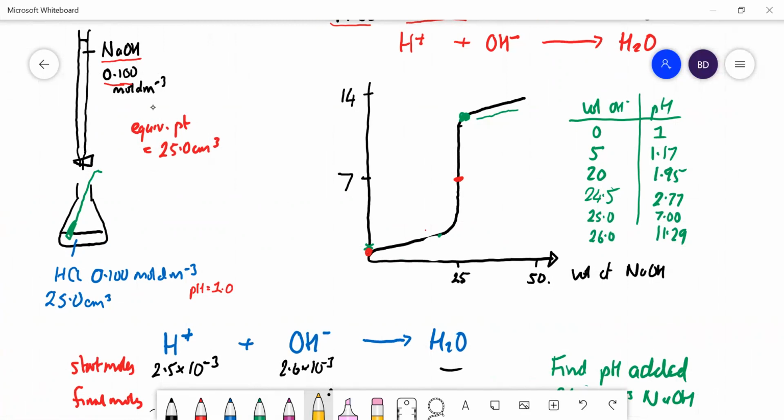They say, work out the pH at some point before the endpoint. Or they might say, you've gone past the endpoint, you've got too much NaOH, work out the pH after the endpoint. Before the endpoint, it's always quite low, between 1 and 2. After the endpoint, it's always pretty high, 11.5 plus. And of course, at the endpoint itself, you get pH 7.